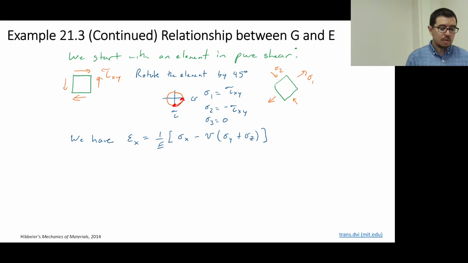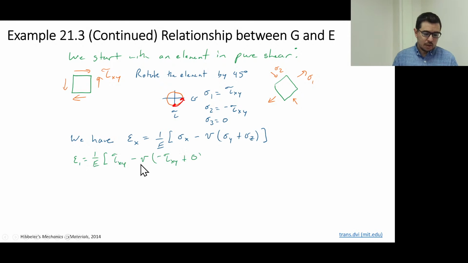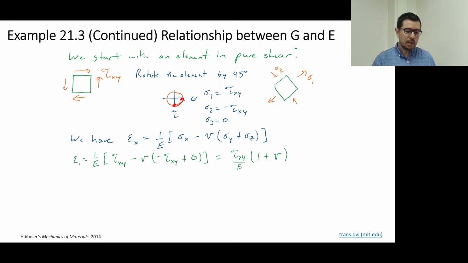Now we use this handy dandy equation, which is true, for epsilon x. And then we substitute in what we had for our sigma x and our sigma y.